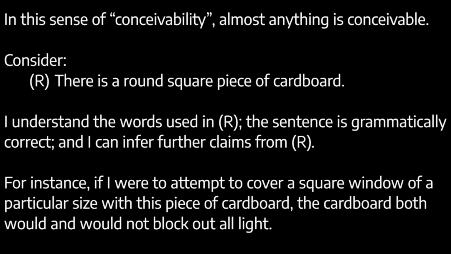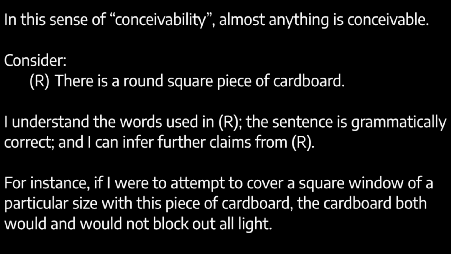So let's say I say, okay, look, I have a sheet of cardboard that is both round and square, right? So can I conceive of a round, square piece of cardboard? Well, I know what cardboard is. I know what it is for something to be round. I know what it is for something to be square. So I understand all of these words, and this sentence obeys the rules of English grammar, and I can make further inferences from it.